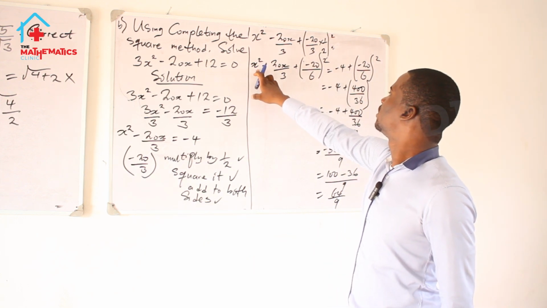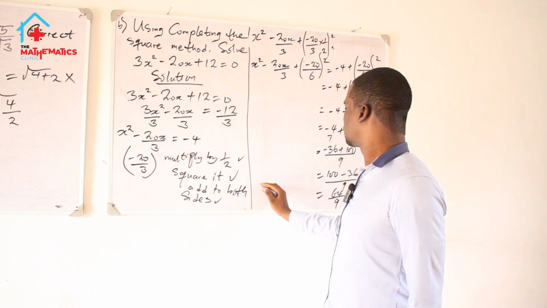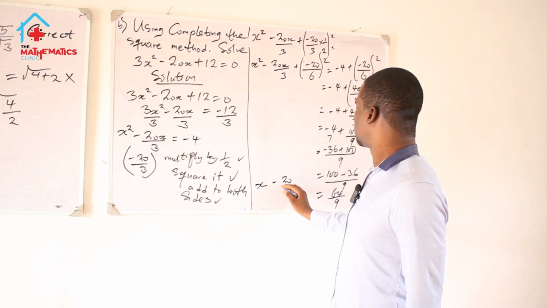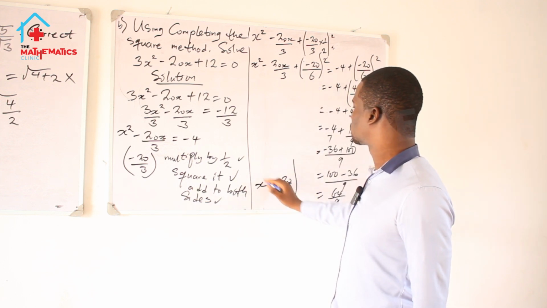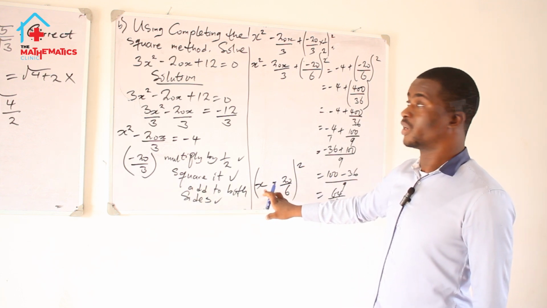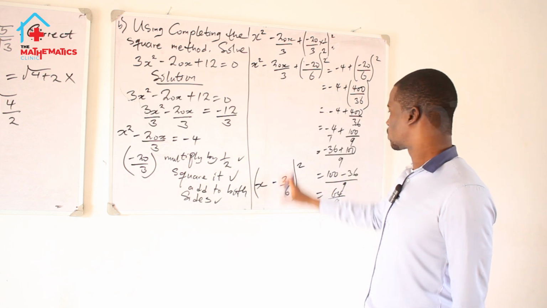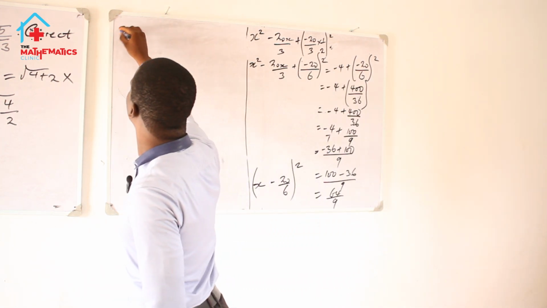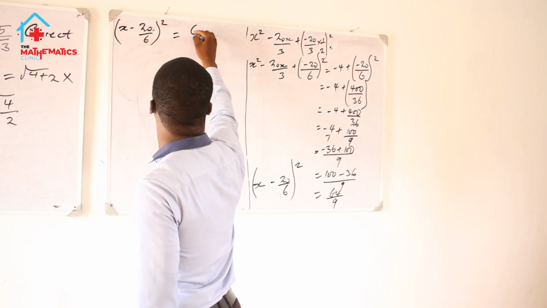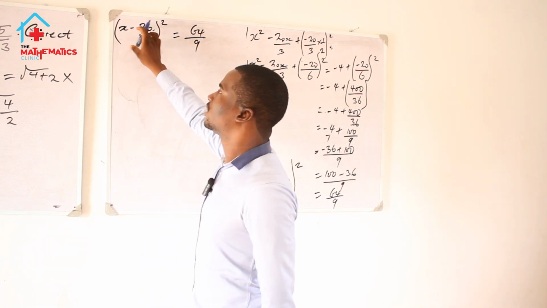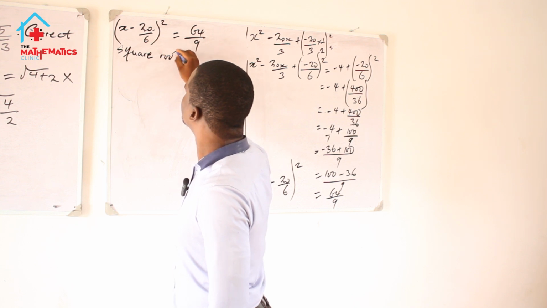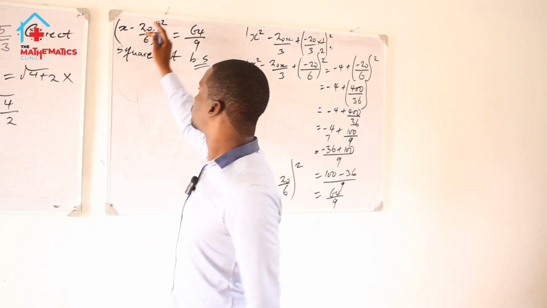Now watch this. At this stage, you can simply write this as x, plus times minus would give minus, x minus 20 over 6, all squared. This works for every solution. If you expand this expression, you would eventually get back this. So we would have x minus 20 over 6 all squared equals 64 over 9. At this point, because of this square, we can square root both sides.